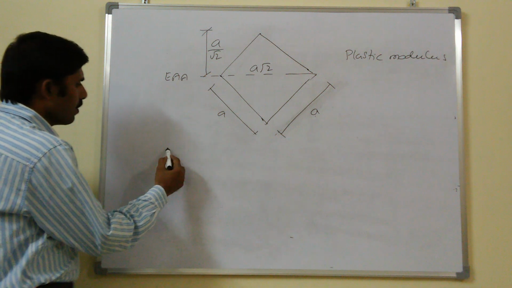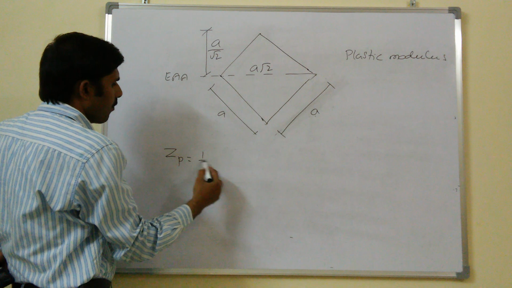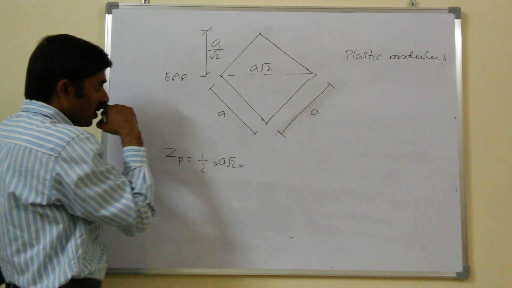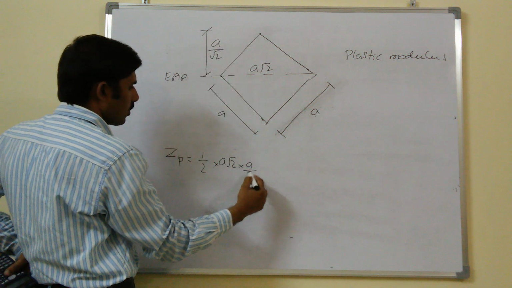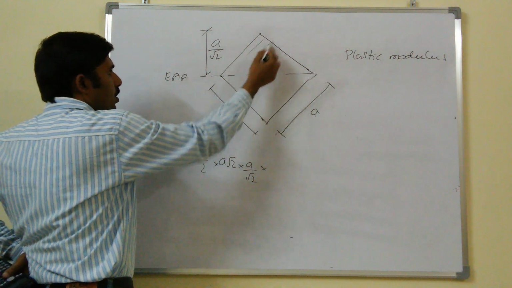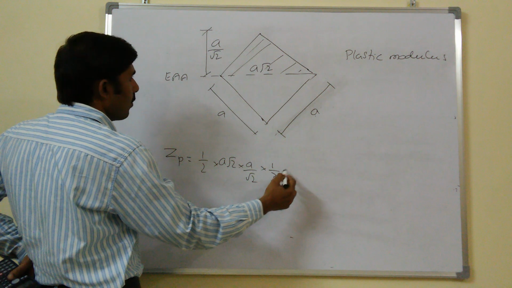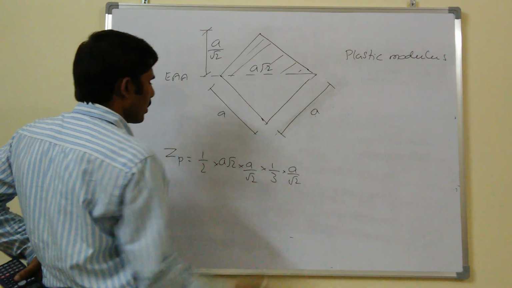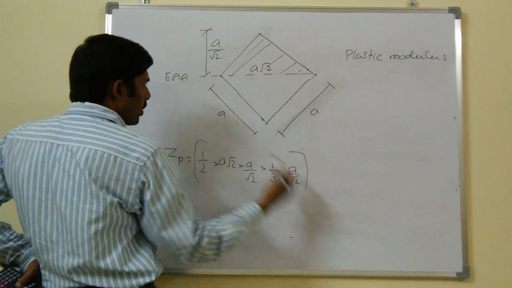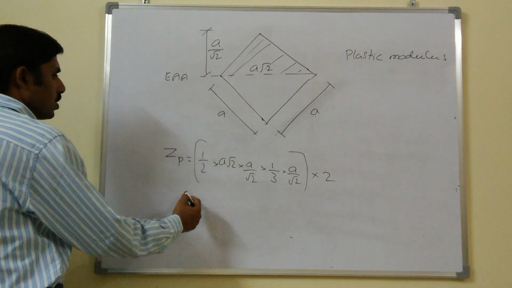So for this, ZP will be like this. What is the area of this triangle? Half into base a root 2 into height a by root 2. This is the area of this portion, and the central distance is 1/3 of a by root 2. For the lower triangle also it is the same, so no need to write all these things again. Just simply put 2 times that.